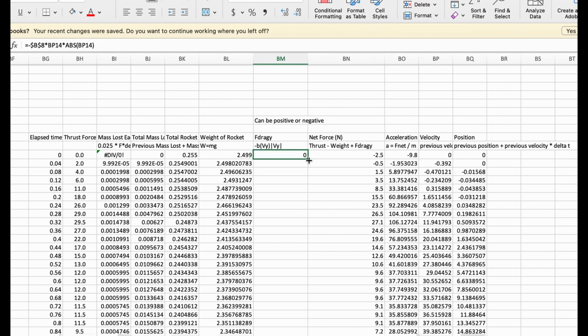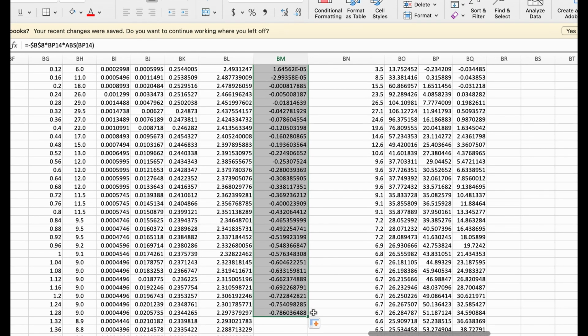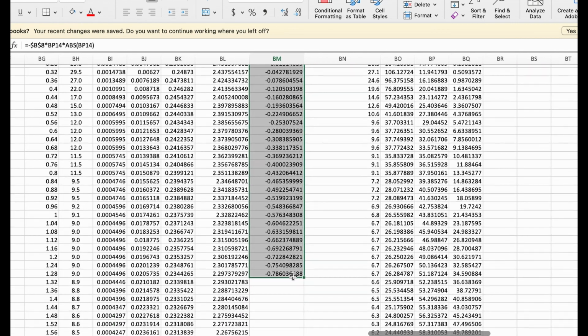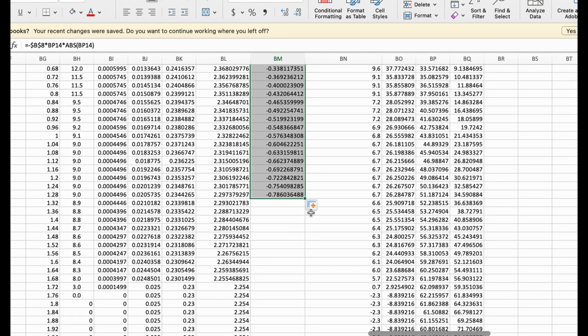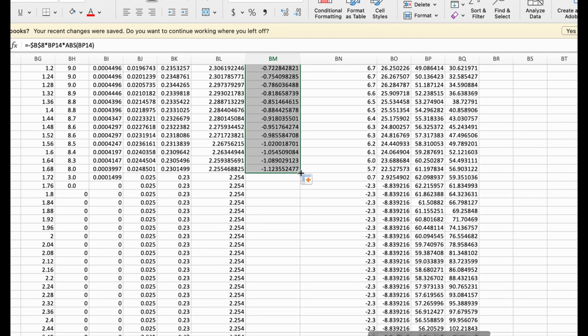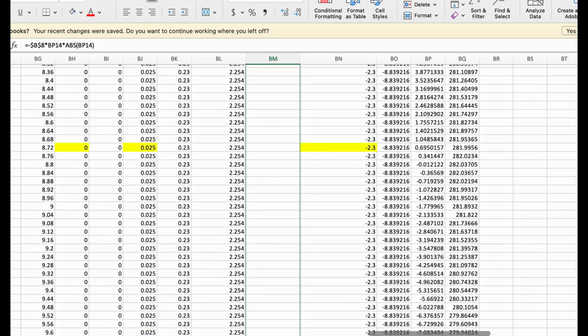That should do it. I'll carry that down. That looks good. We see how the drag force is getting larger in size as the rocket begins to move. And let's drag it all the way down.